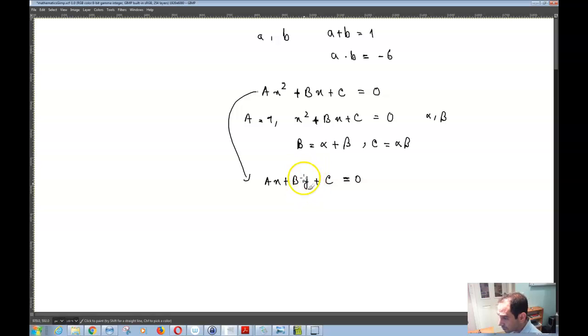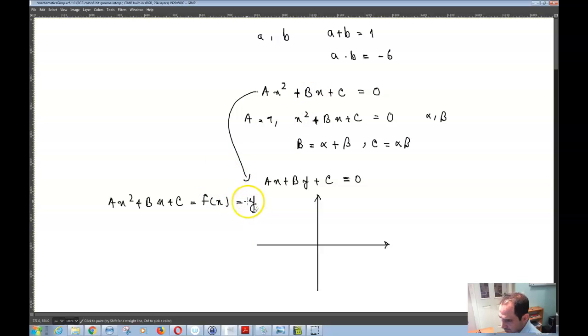Usually y is the vertical axis, and your y's are plotted across the vertical axis, and your x's are plotted across the horizontal axis. When you have ax squared plus bx plus c, that is usually called f of x, which is also sometimes called y.